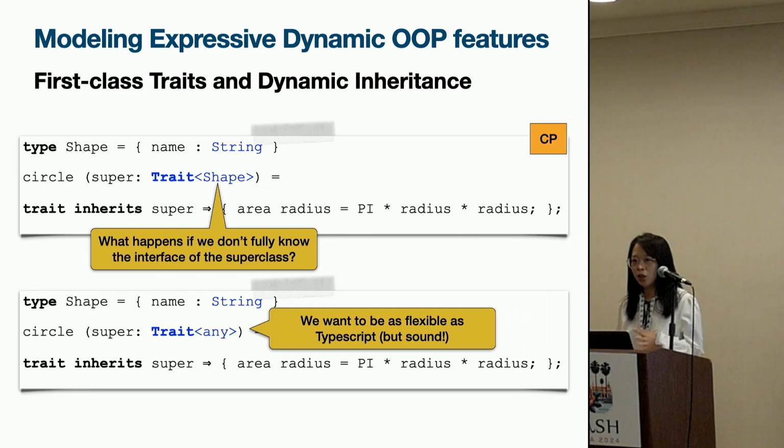But we know that in TypeScript, this behavior is unsound, so we want to be sound. And so we want to make sure to detect the ambiguity error at runtime. For instance, you may extend a trait that already has an area function.